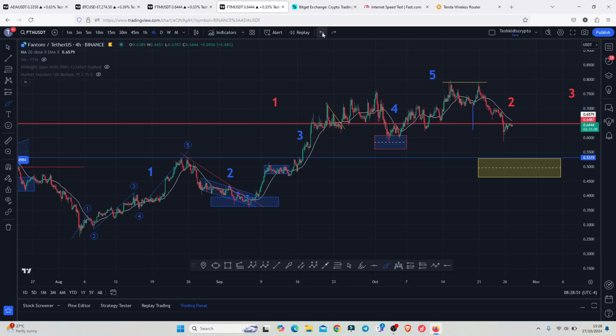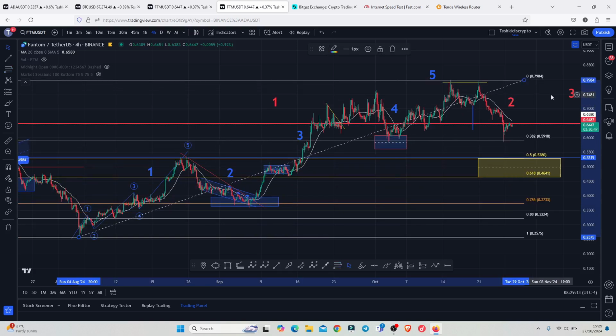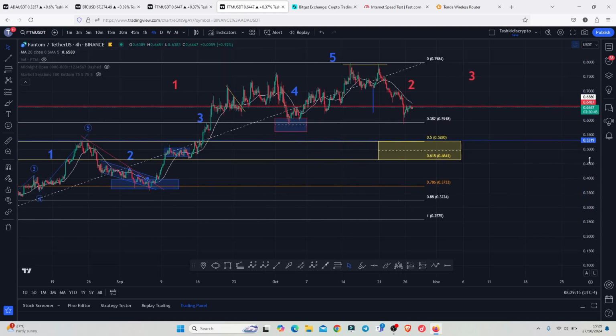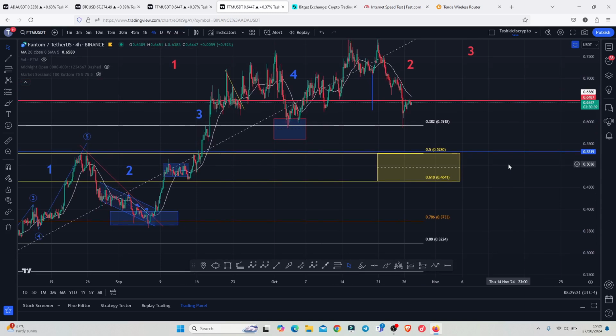And after we completed the formation of that larger Elliot wave count 1, I have been expecting to see a bit of a short-term pullback in the formation of a larger Elliot wave count 2, whose minimum target areas can be given by pulling the fibs from the lows that we made on the 5th of August to the highs that we made above the $0.8, giving me a minimum pullback target area between the fib level 0.5 and the fib level 0.618, which is the golden pocket between the $0.528 and the 0.4641, which is the area that I have marked on the charts using these yellow markings.